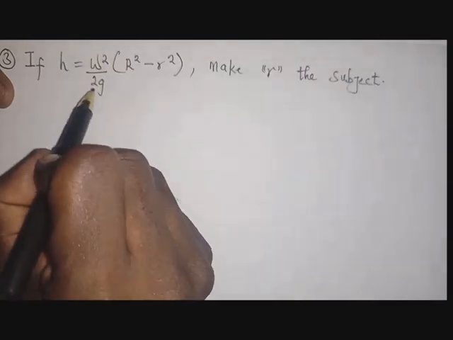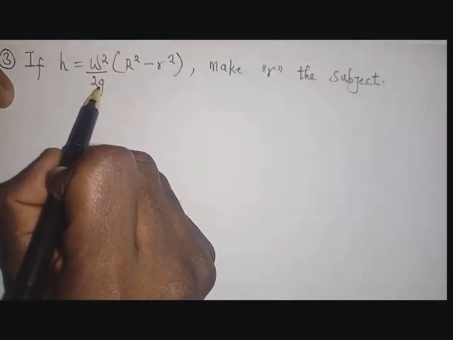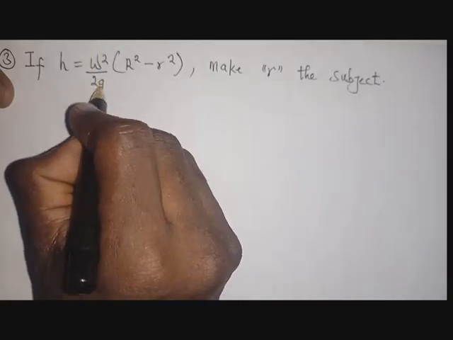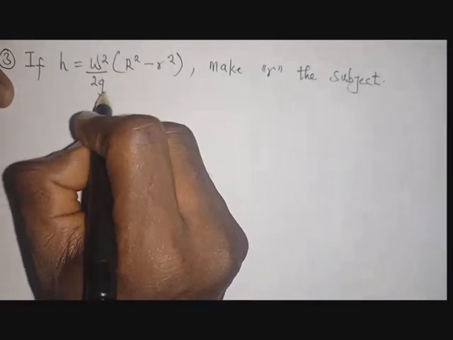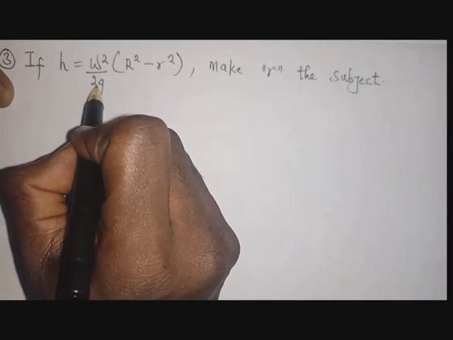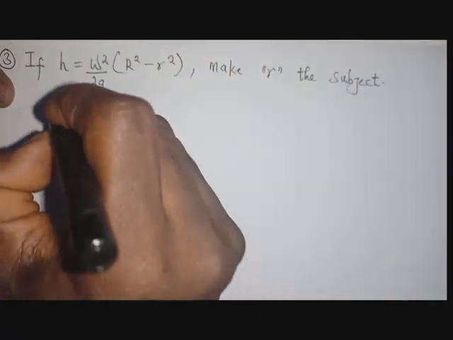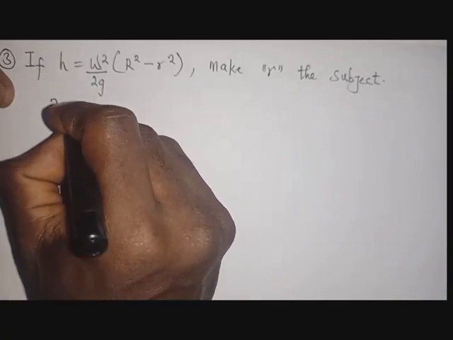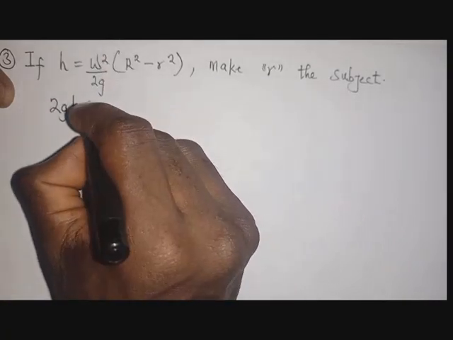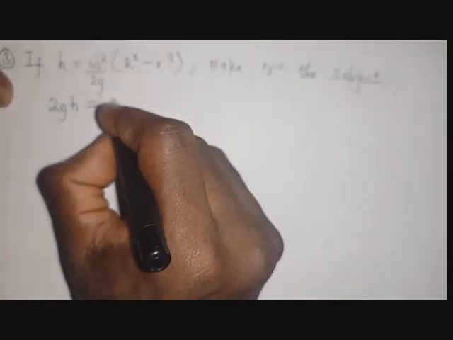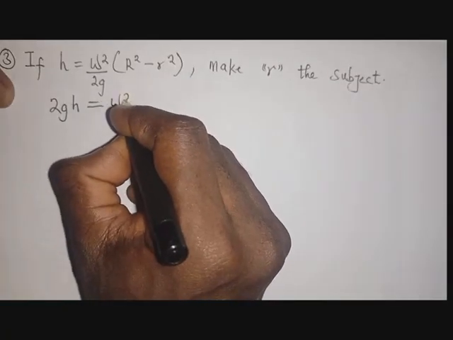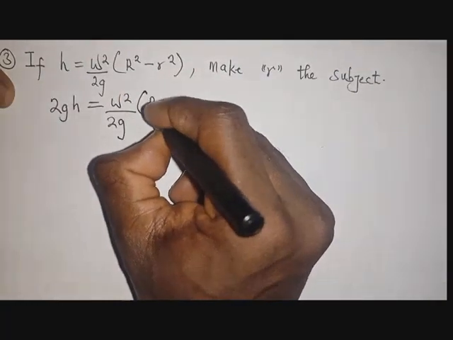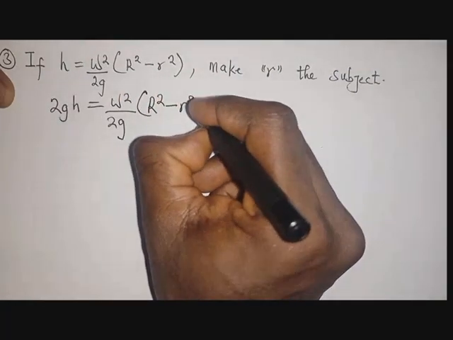So the first thing I'm going to do is, this is 2g. I'm going to need to take off this 2g first. Since its connection with this is division, I'm going to simply multiply both sides by 2g. So I'm going to get 2gh equals w squared over 2g times R squared minus r squared.